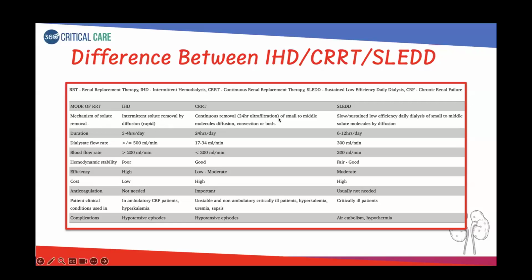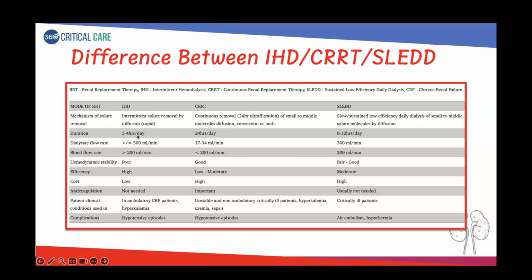CRRT, 24 hours ultrafiltration of small to middle molecules through diffusion, convection, or both. And in SLED, also slow and sustained low efficiency daily dialysis of small and middle molecules, mainly through the diffusion because there is a D in there. You need a dialysate here.